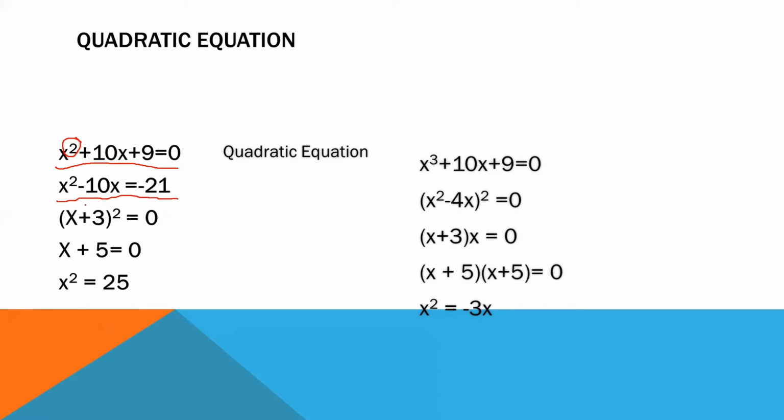So next is sa ating number 2 equation. So we have x squared minus 10x is equal to negative 21. So this is a quadratic equation as well. So kung makikita nyo, bakit po yung dun sa example kanina is dapat equal to 0? So take note, quadratic equation can be rearranged, no? So hindi lang siya laging ganun ang form. So sometimes iba-iba siya ng pwesto.